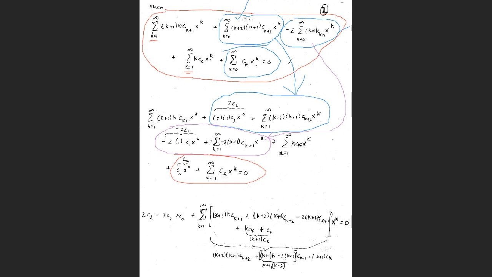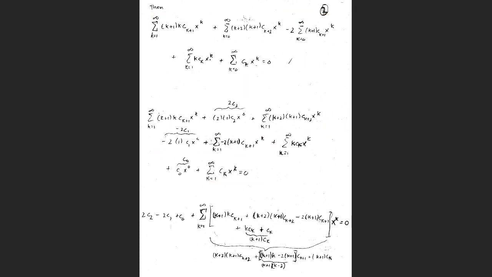And by doing that, well, I'm going to have a 2c2 here. I'm going to have a minus 2c1 here. And then I have a c sub 0 here.